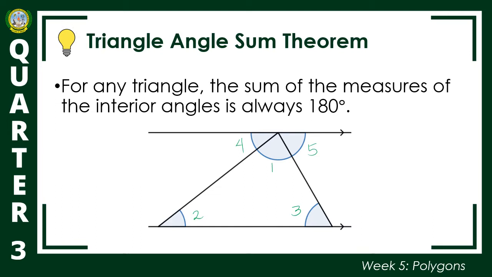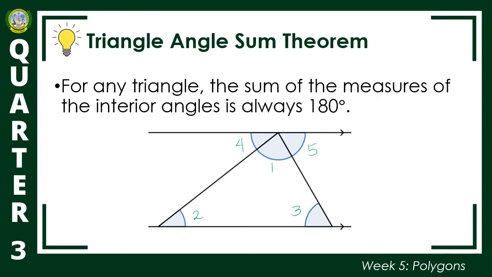So, next po, notice that the angle formed by angle 4, angle 1, and angle 5 is a straight angle. So, pag pinagsama-sama po natin yung measures nila, nakabuo po tayo ng isang straight angle, which means that the sum of the measures of angle 4, 1, and 5 is equal to 180 degrees.